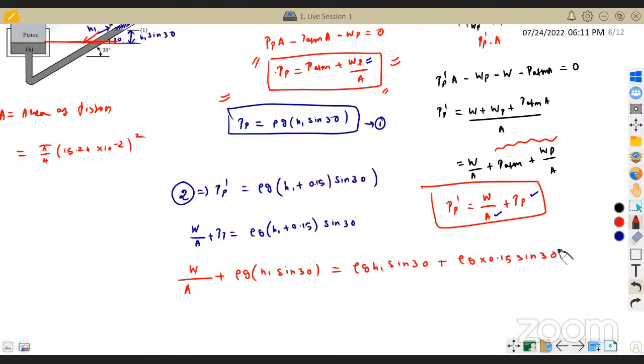I can cancel this too, take this area to that side, and you will get W. Any doubts? There won't be a problem. So the final answer you will get is 12.72 Newton.